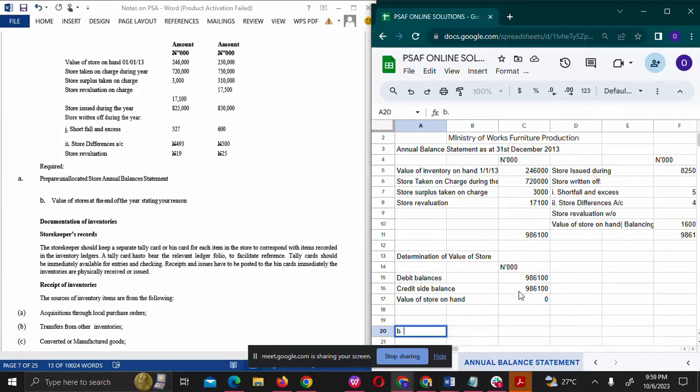B part, value of store at the end is 160,061, right?